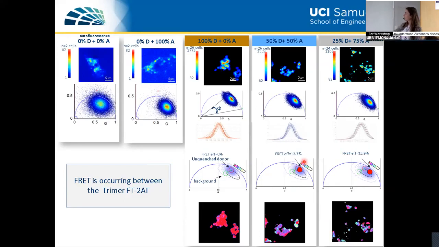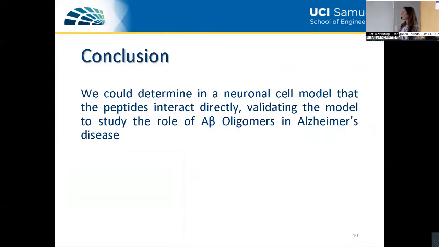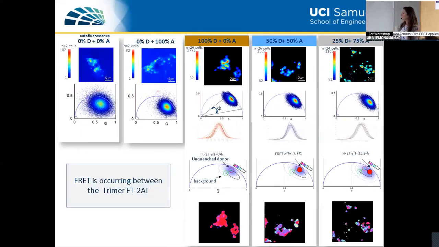The unquenched donor is more red, and when FRET is occurring, it moves towards this white color, and you can see pixels of the image in both conditions with FRET occurring. So yes, we could see that there was FRET occurring between those trimers.